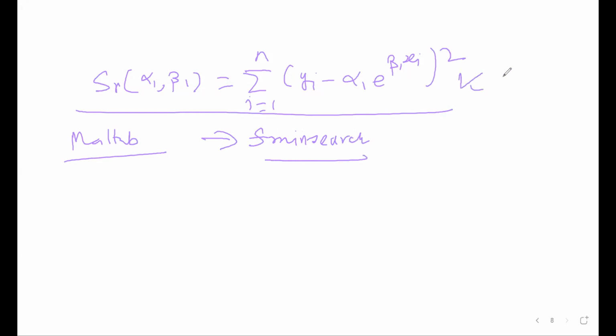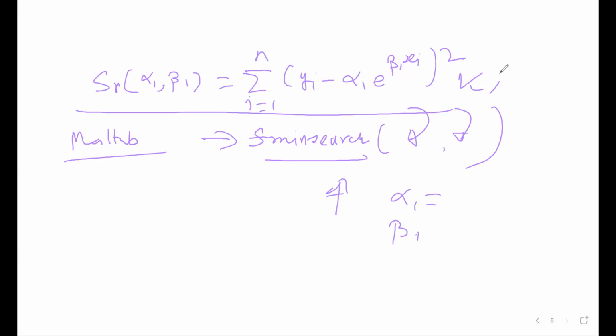You can set your data set there, define a function like this, then invoke this function with some initial value. It can automatically give you the values of alpha and beta for the optimal case. At this stage it may be difficult for you to use it, but after a few days, inshallah, I will try to give you some idea about it.